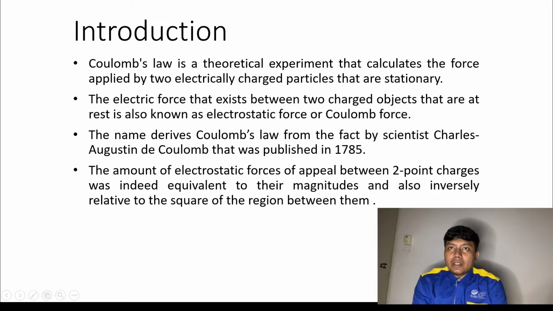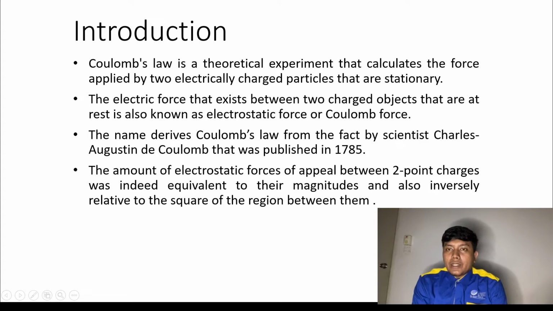The name Coulomb's law derives from the work of the scientist Charles Augustin de Coulomb, which was published in 1785. Coulomb's law was crucial to the development of electromagnetic theory, maybe even to its creation, because it allowed genuine argument over the quantity of electric charge.